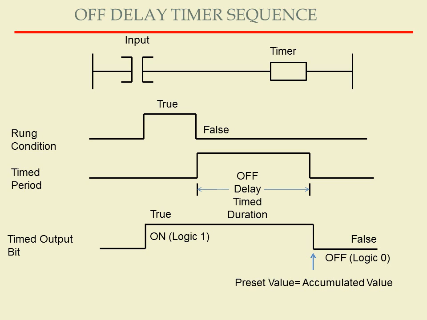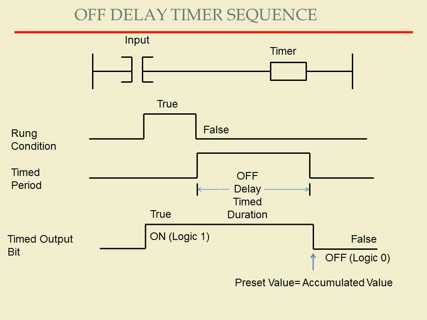When the switch condition, that is input condition, that is rung condition, becomes false, the off delay timer will start timing. It is called the off delay timed duration.